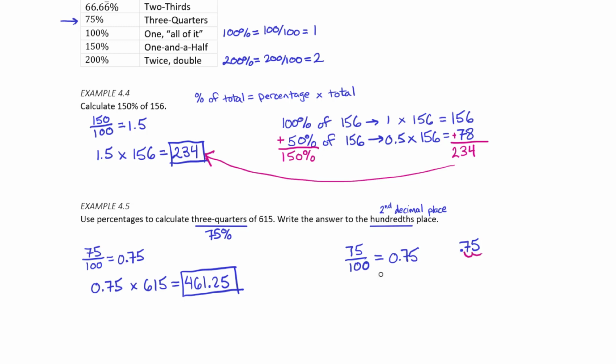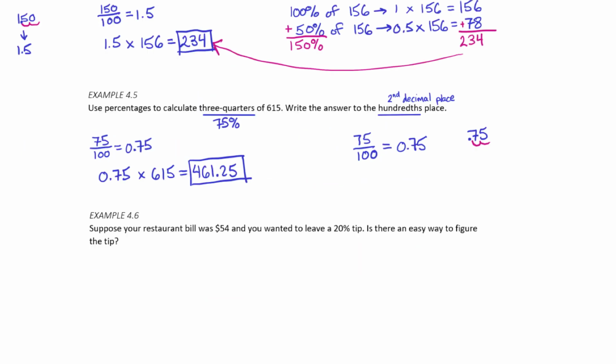Whenever you're looking at a percentage, take that decimal, move it 2 to the left, and you get what you have to multiply the total by. So for example, 150, the implicit decimal is here, move it twice to the left, 1, 2, and you get 1.5.